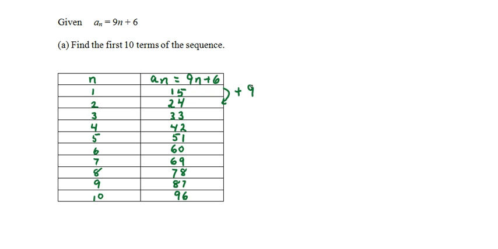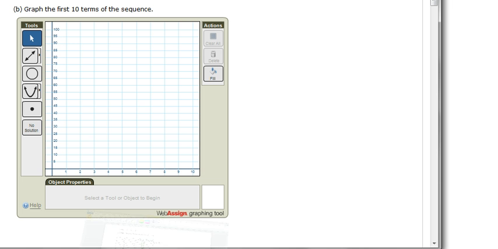There's a common difference, and notice in terms of functions that y equals 9x plus 6 would have been a linear function. These terms in the sequence are all going to be along the same straight line, but they will be discrete and not connected.